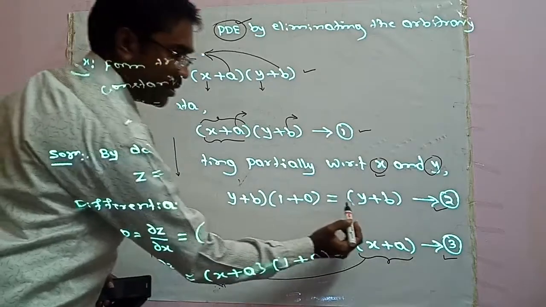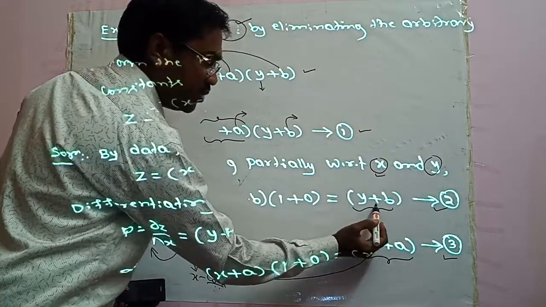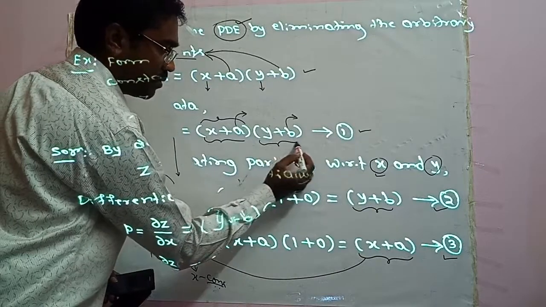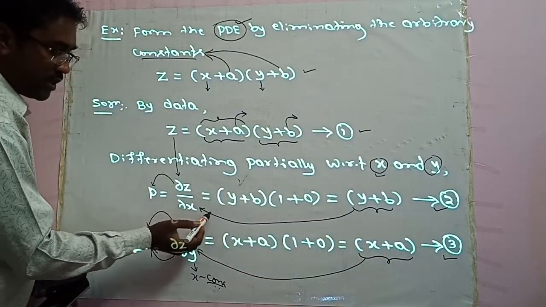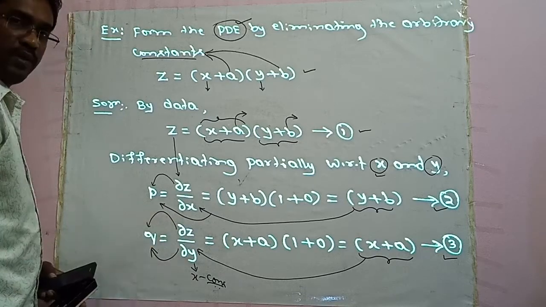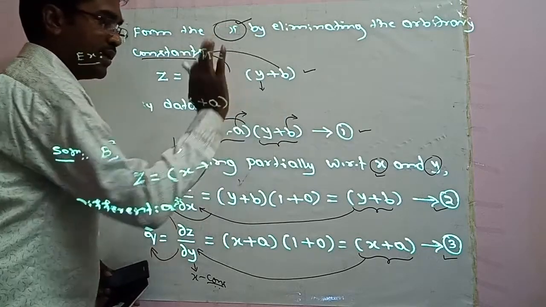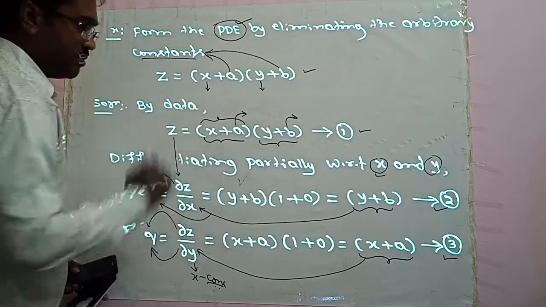And also in the place of y plus b, you can replace it by dou z by dou x, or by p, so that b also will get eliminated from the function.